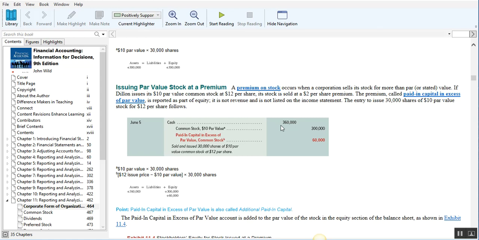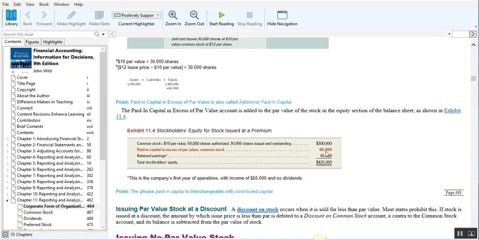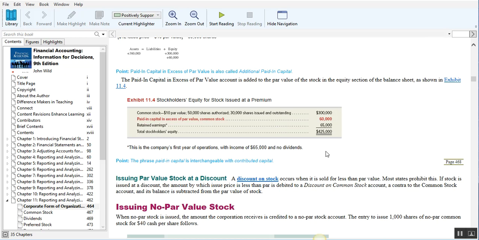Then you're going to record the common stock value at par value as a credit. And then you're going to calculate the difference between those two numbers to get the paid-in capital in excess of par. Basically, it's whatever was paid above par value for those shares of stock.